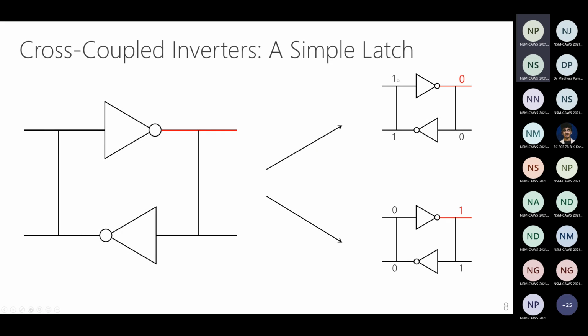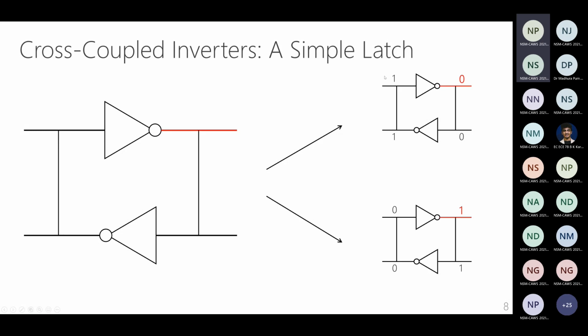So I can either have a 0 state, where I feed the top inverter with the input of 1. That inverter feeds an output of 0, and this output 0 is fed as input to the second inverter, and that spits out an output of 1, and this 1 feeds back into the first inverter.